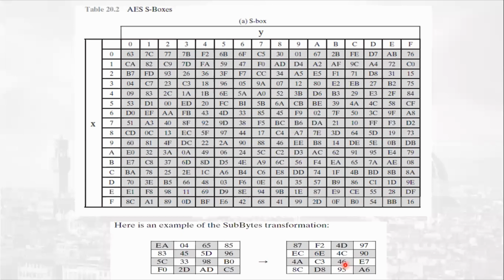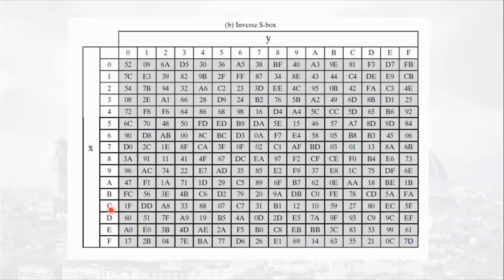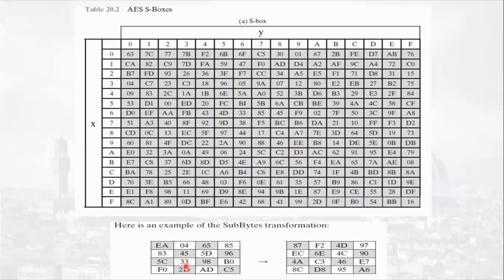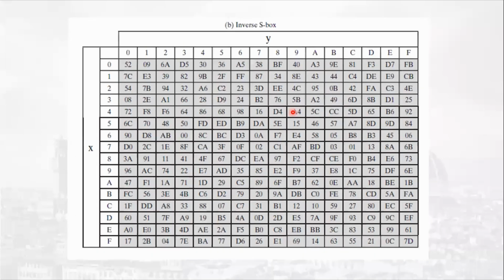I'll have to refer to the inverse S box: C and 3. It gives me 33. So these two boxes are related to each other, and they do the exact reverse operation.